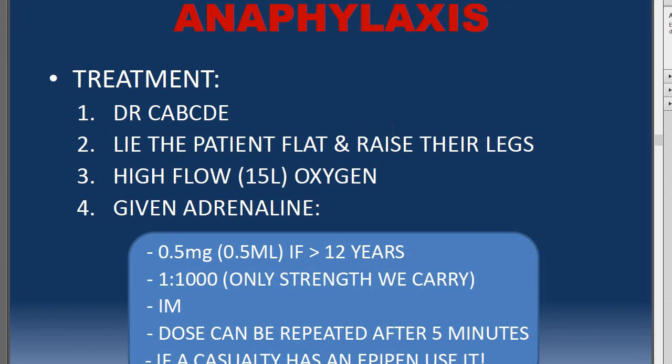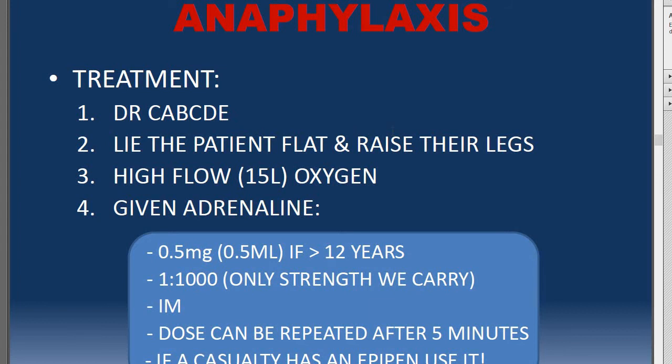The legs have got this huge capacity of blood volume, a couple of litres, and you just sink that straight back into the chest and the head where it improves the blood flow there. Obviously the chest, the abdomen and the head are far more important than legs. Put lots of high flow oxygen in them, so if they're going to lose their airway, make sure they lose it with their blood full of as much oxygen as possible. It buys you a lot more time.